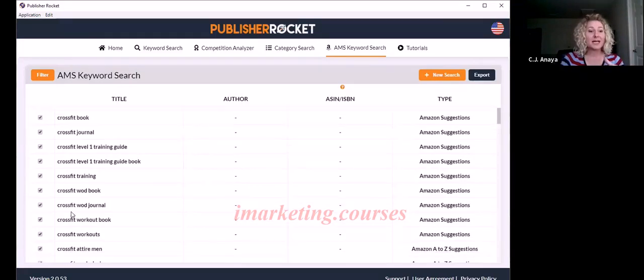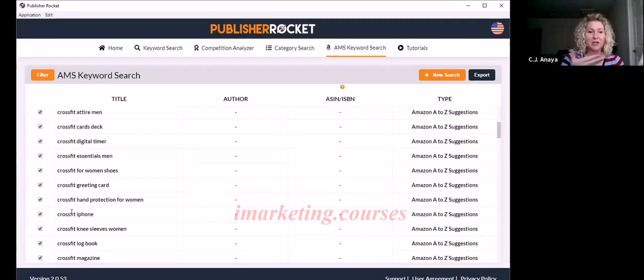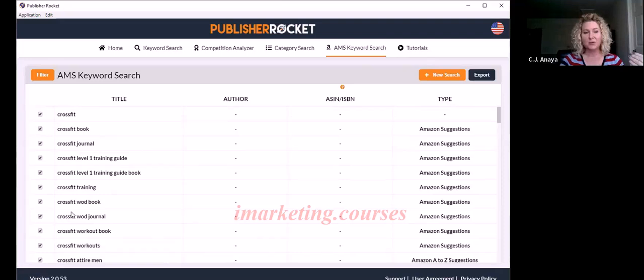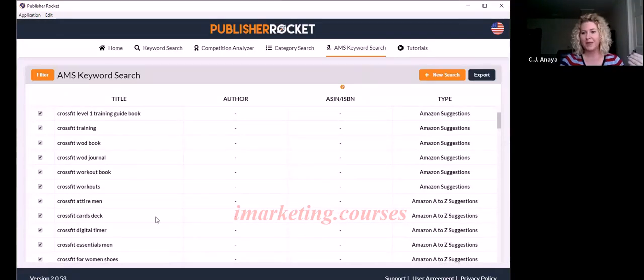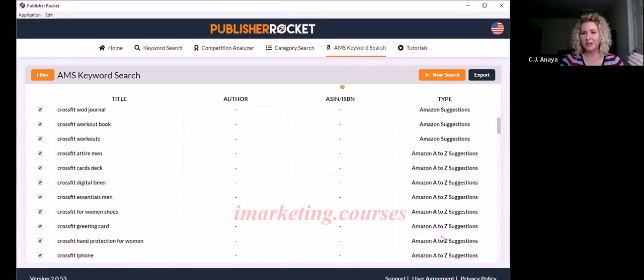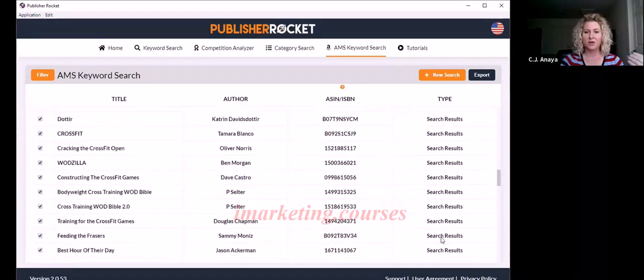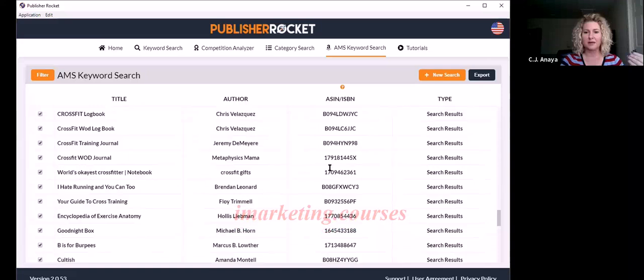This will fill up right here, and you can copy this and put it into your AMS ad that you are creating, all of these different keywords, these titles of books. These are all Amazon suggestions. And as you keep scrolling, you're going to see more.